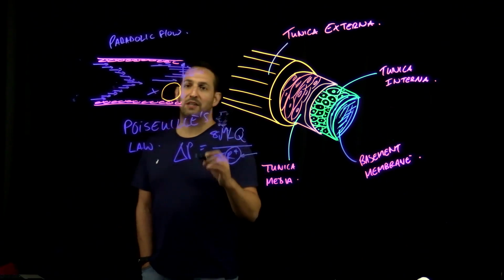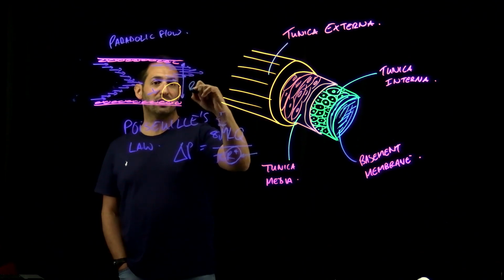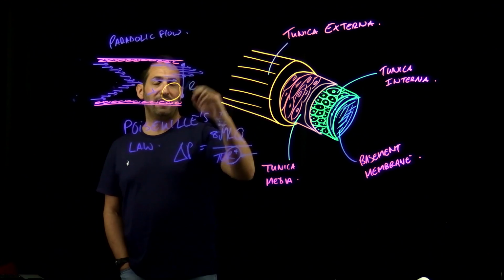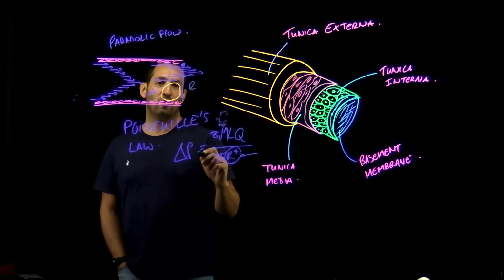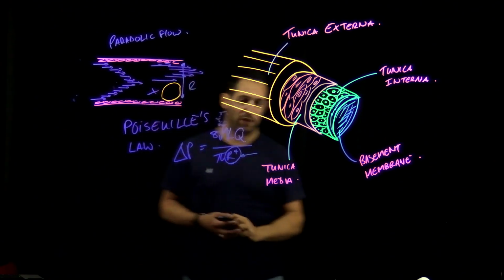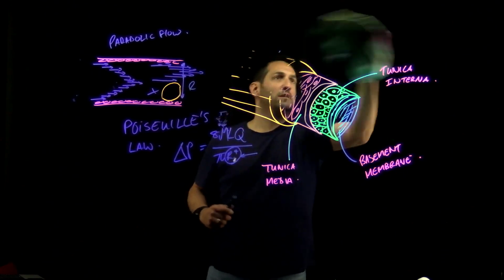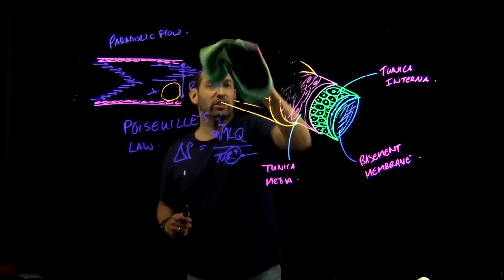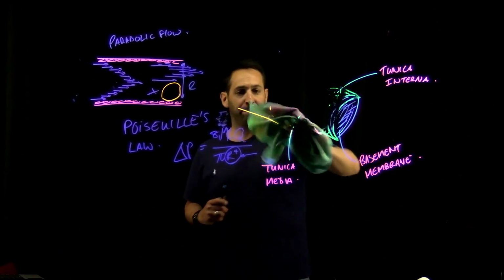And what that means is we're talking about the radius of the vessel, and it's to the power of 4.